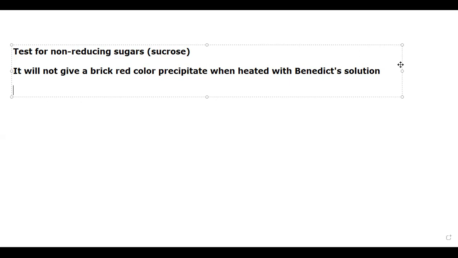You take some sucrose solution. Proceed here.